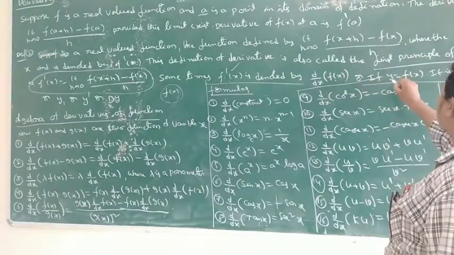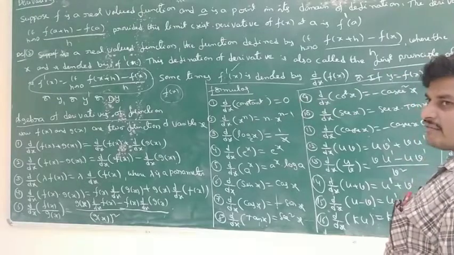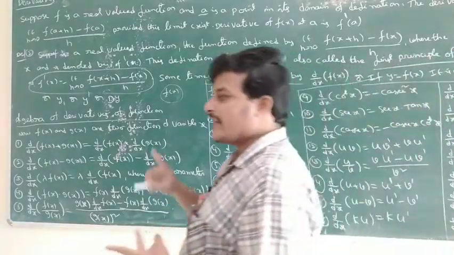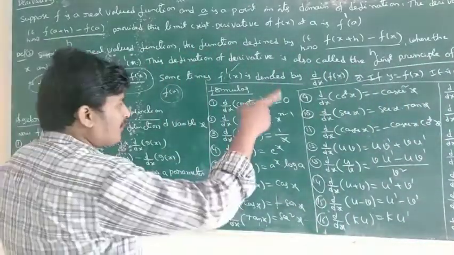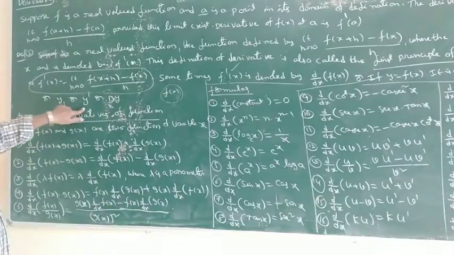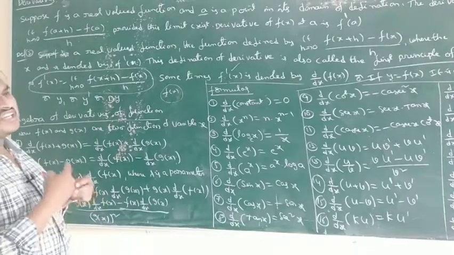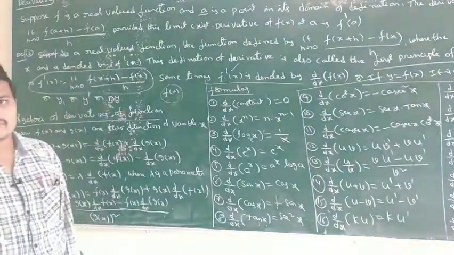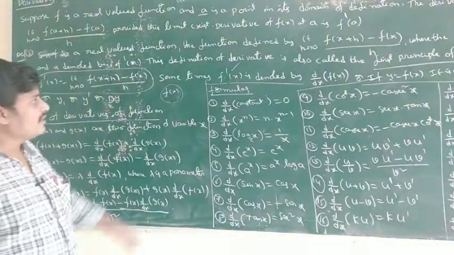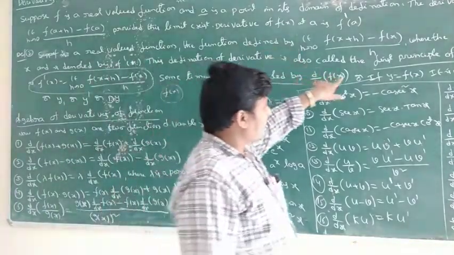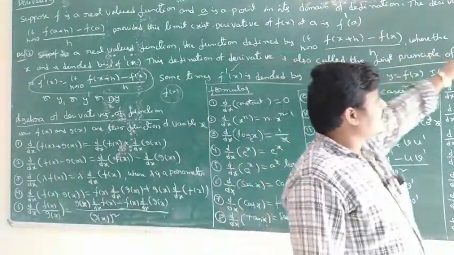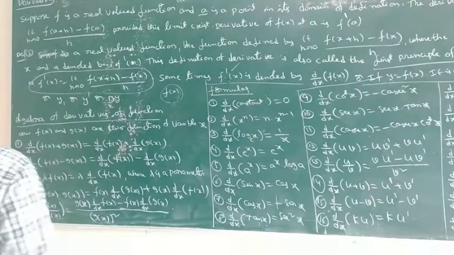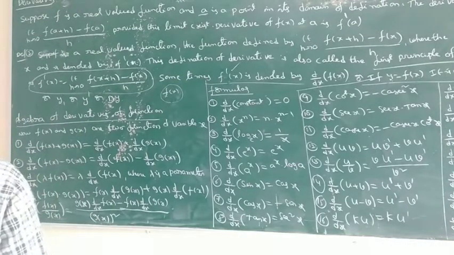If y is equal to f of x, it is denoted by dy by dx, y1, y dash, or capital D of y. Any one of these is called the derivative of the function, the derivative of f of x.